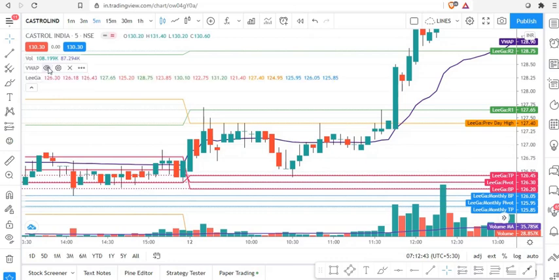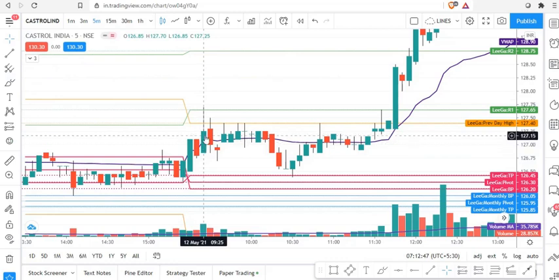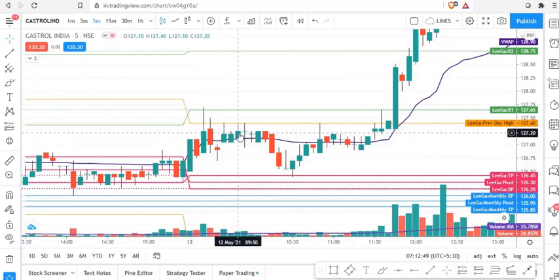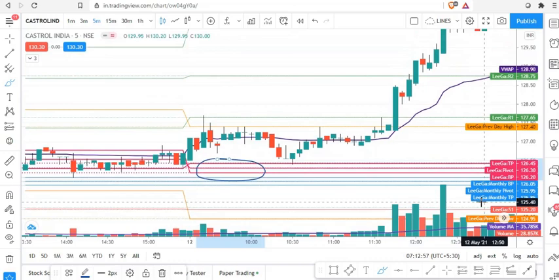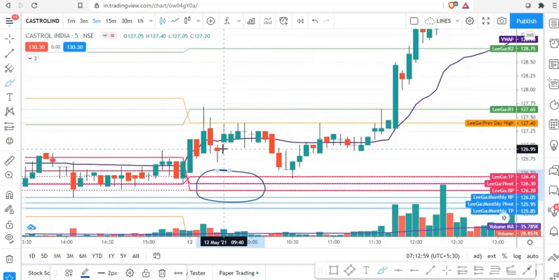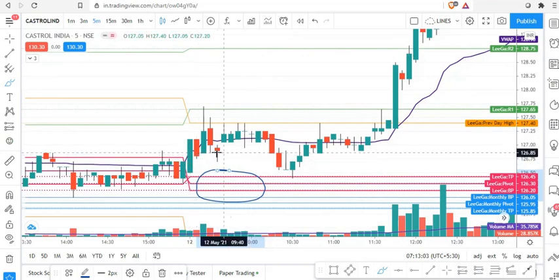Then I also add the CPR, Vwap and volume chart. These are all 5 minute candles. This is the CPR. We can go for buy only.